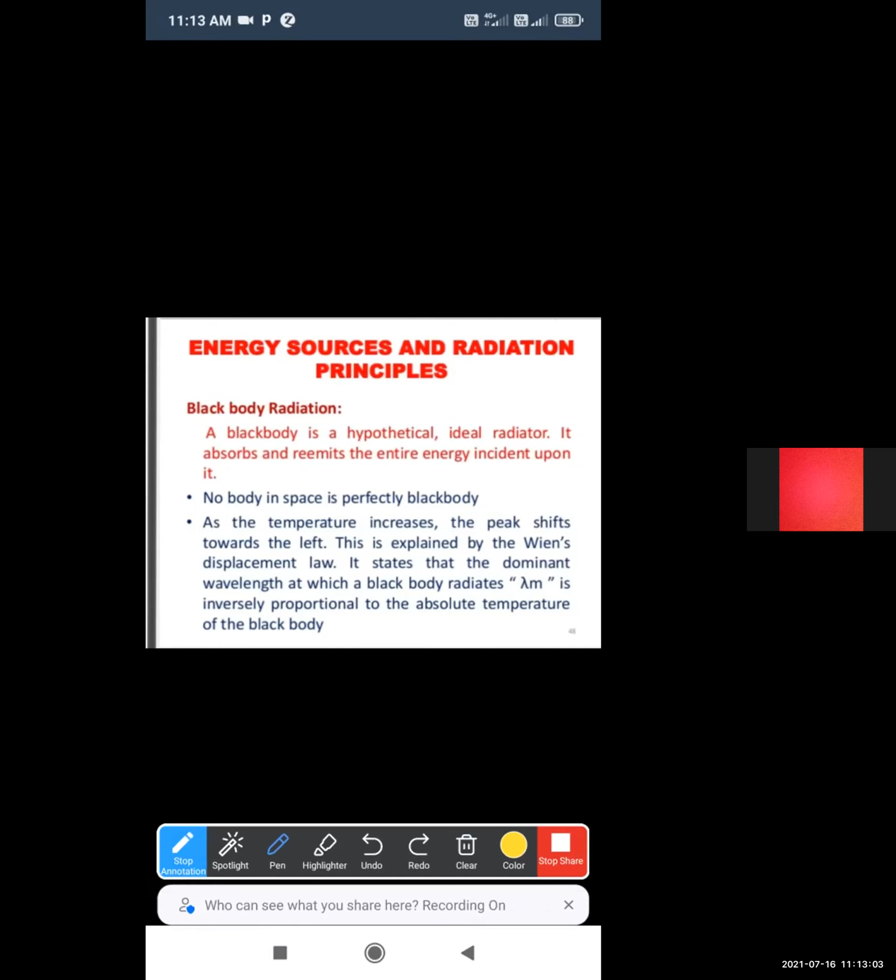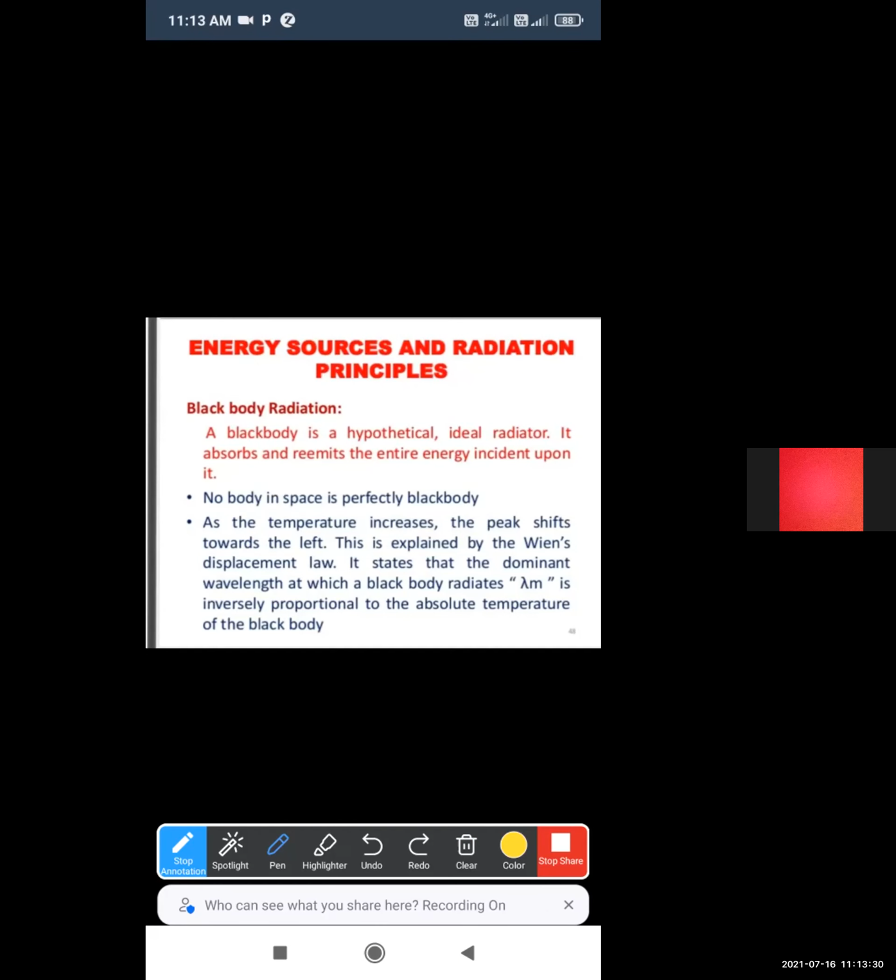So what is a black body? A black body is hypothetical. It is not an ideal condition in reality; no body is a perfect black body. What are the properties of a black body? A black body absorbs energy and re-emits the total absorbed energy.